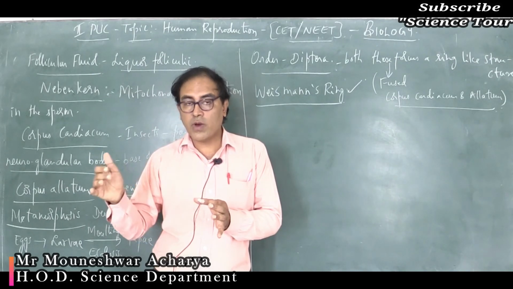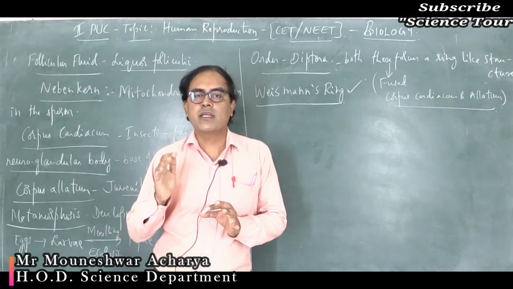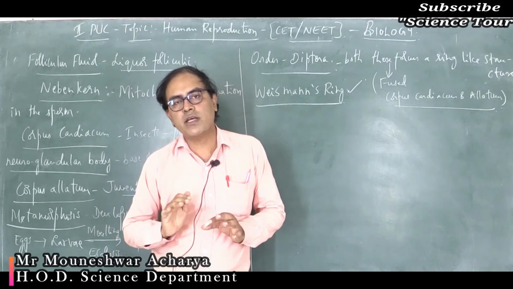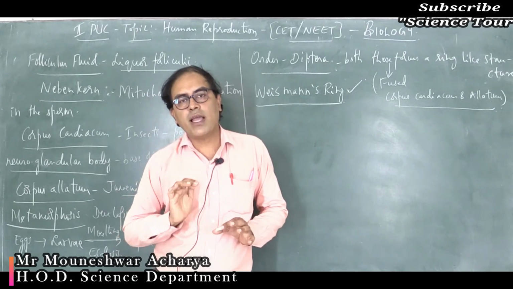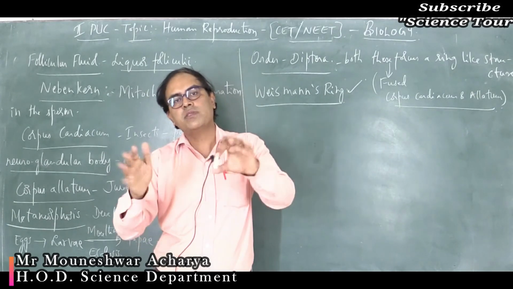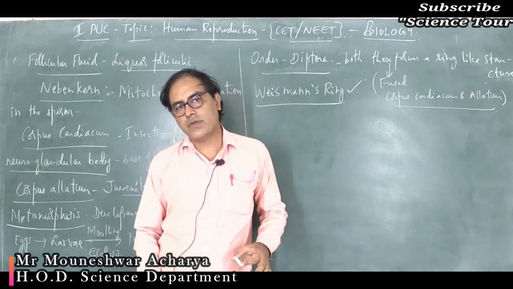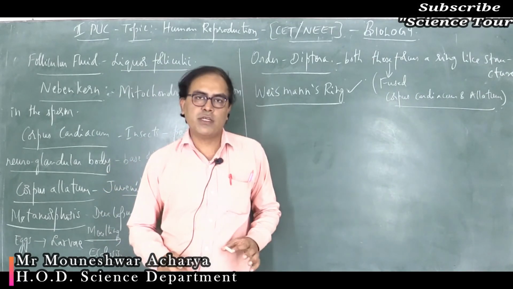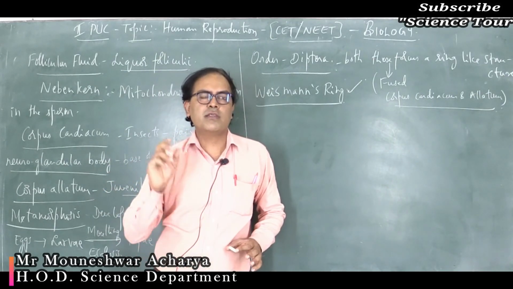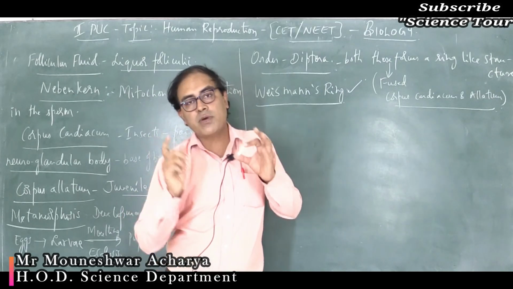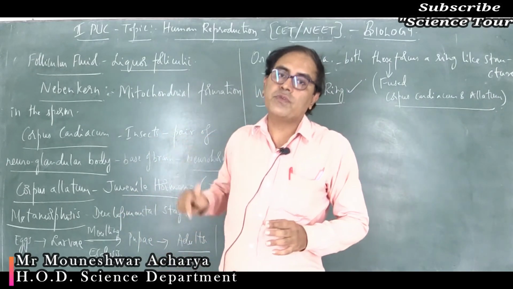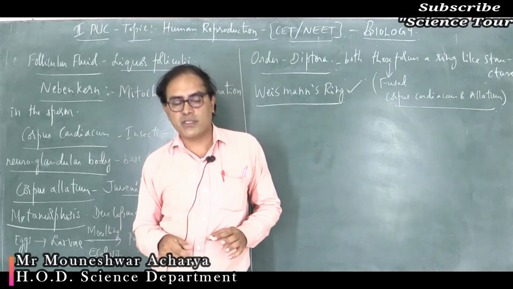The one who comes first in the race has the chance to fuse with the egg nucleus, and the other sperms are discarded. So that capacity of the sperm to fuse with the egg is capacitation.